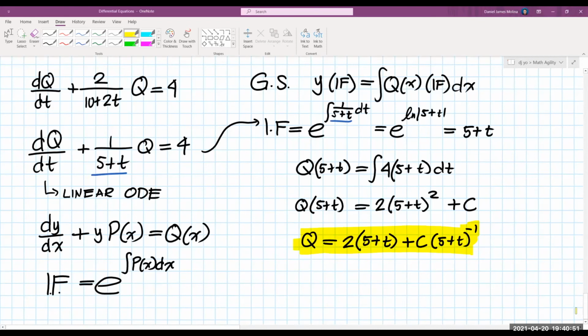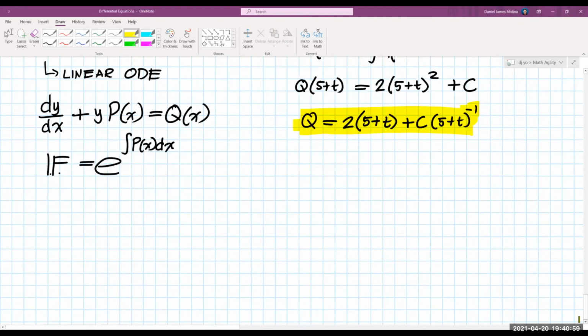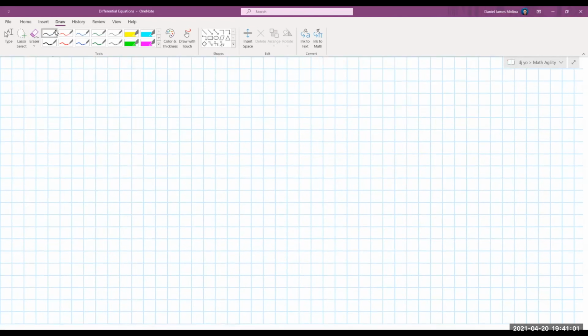But if you can express the final answer or the general solution as a fraction, then so be it, as long as the expression for q is solved. So let's proceed to our next problem.